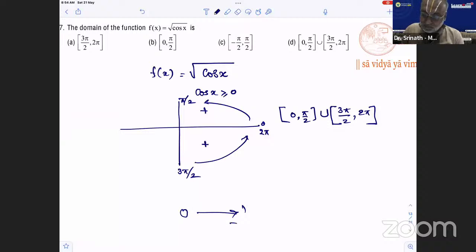So therefore, the range becomes just 0, 1. See, cos x minimum value is 0, maximum value is 1. So f of x has minimum value 0 and maximum value 1. That's all.